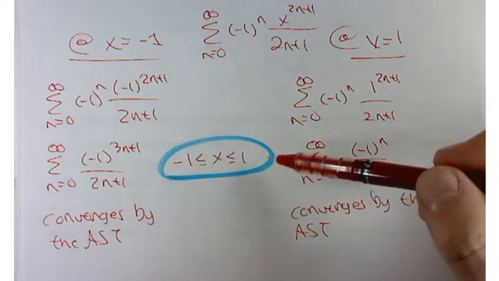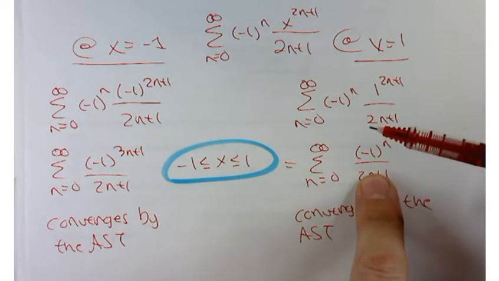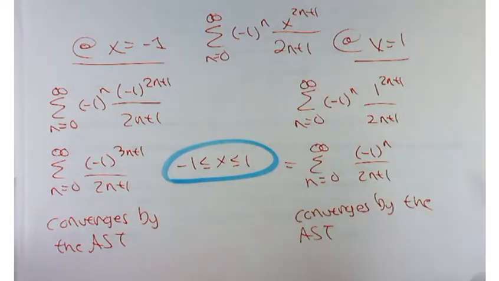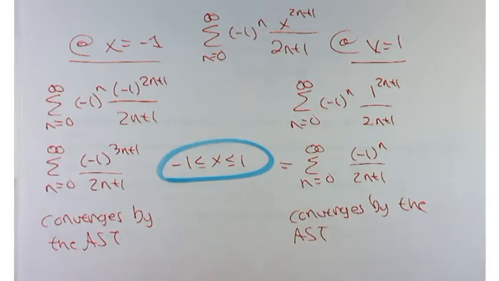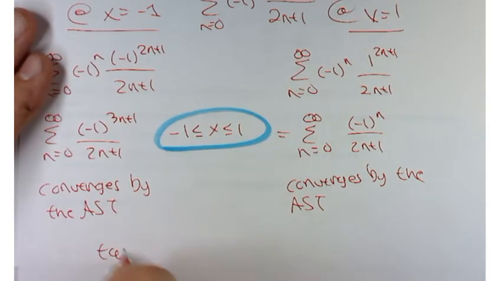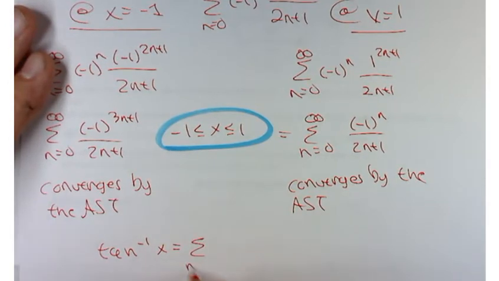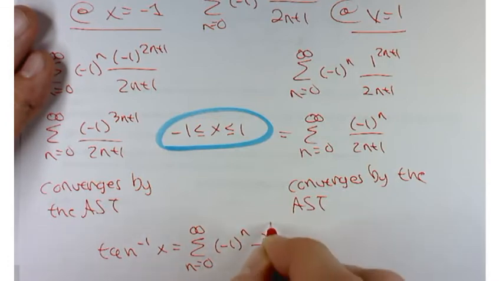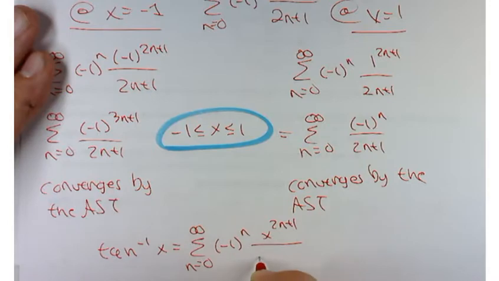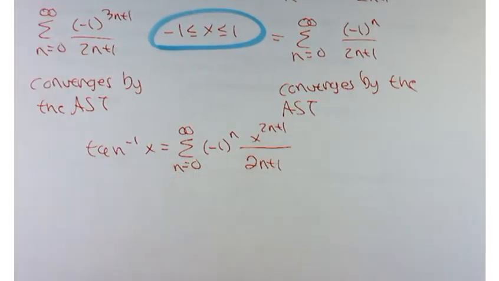But what's interesting is this series right here. Let's take a look back at what we've got. We've got the tangent inverse of x equals the sum from n equals 0 to infinity of negative 1 to the n, x to the 2n plus 1 over 2n plus 1. So that's what we established here.